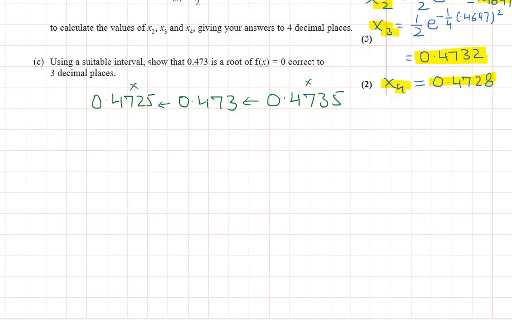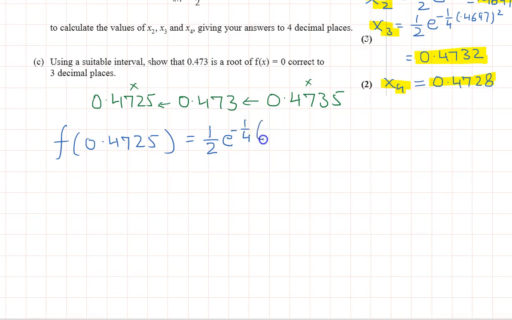So f(0.4725) is equal to 1 over 2 e to the power minus 1 over 4, 0.4725 squared.